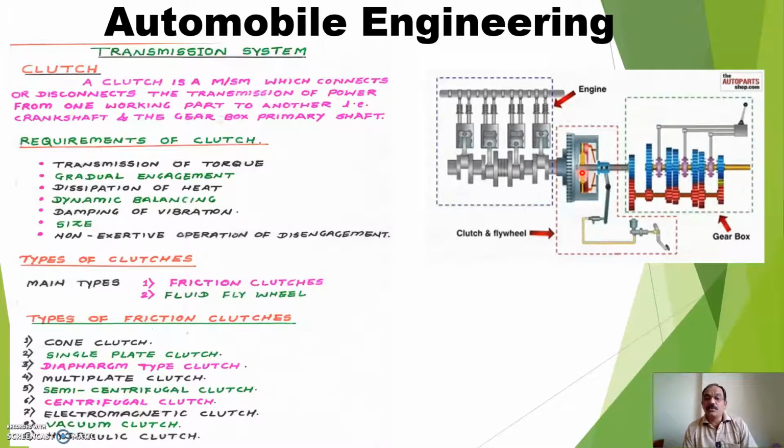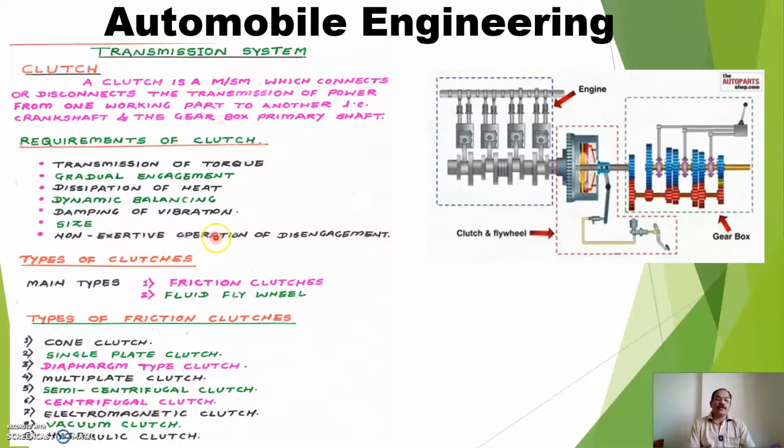If you look at the four-wheeler and two-wheeler, in the four-wheeler you will find the clutch is somewhat bigger than the clutch in the two-wheeler, because two-wheelers have a lower capacity engine, so they need to transfer less power to the transmission system, whereas in the four-wheeler the power is more, so they need to transfer more, so a bigger size. So as the area increases, the friction increases, and because of the friction, power transmission also increases.